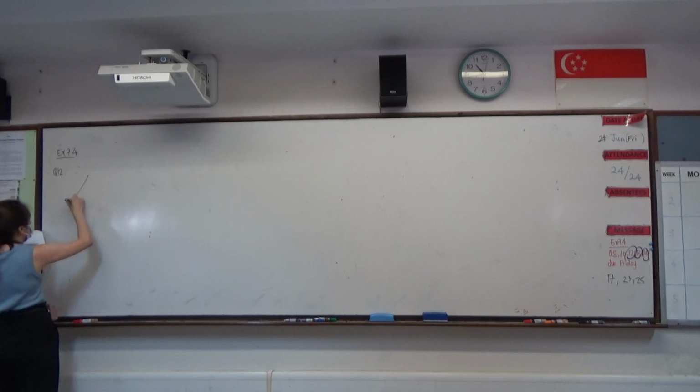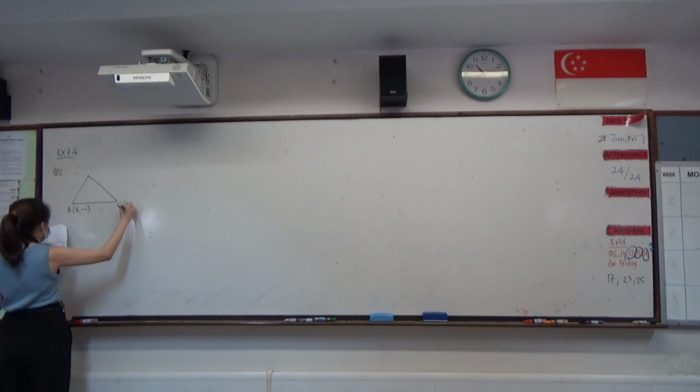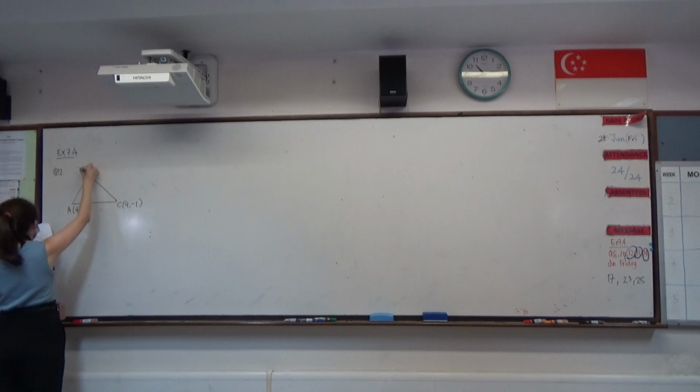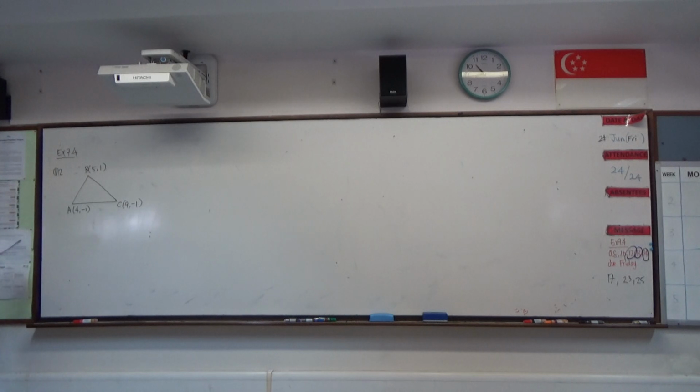Okay, so with the points, it will probably look something like that. In part I, we already found that the area is 5 units squared.